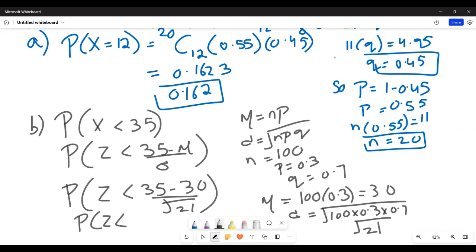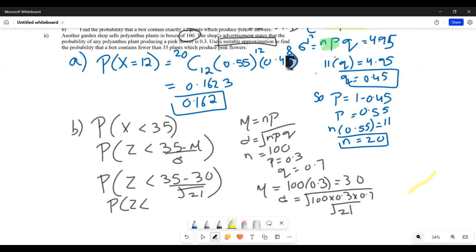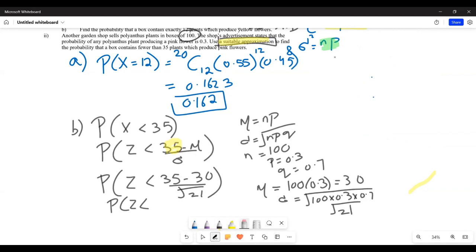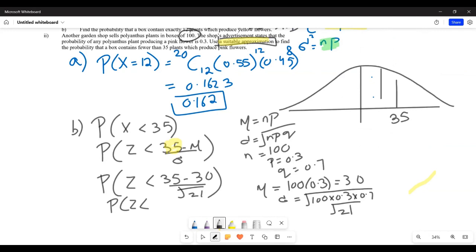Oh, I forgot one thing. Since it's conversion of binomial to normal, I forgot to do the upper bound and lower bound thing, which is very important. This is not 35. It's going to be either 34.5 or 35.5. So let's see what it is going to be. So let's say 35 is somewhere over here when mean is not 0 and standard deviation is not 1.